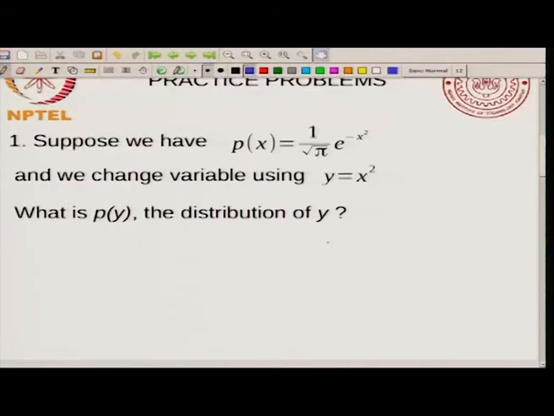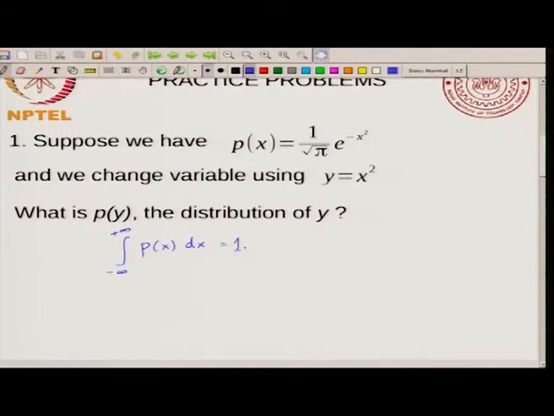In order to solve this, you need to think a little bit more about how this transformation of variables affects the probability distribution. You remember that you always have the condition that integral p of x dx over the range from minus infinity to plus infinity should be equal to 1.